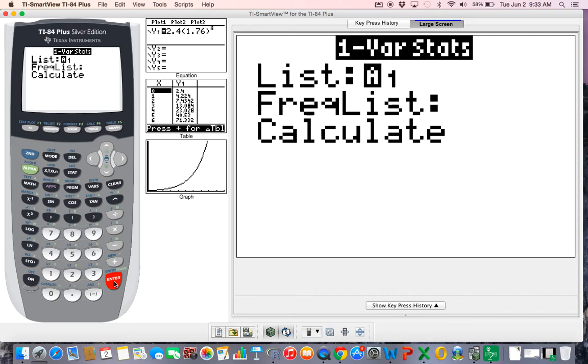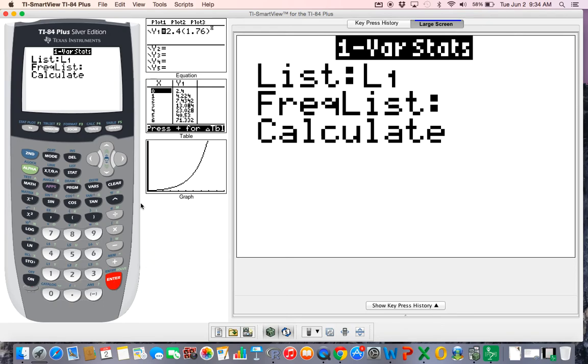I want to type these in real fast in my other calculator that I'll show you in just a second. Okay. Now, depending on the calculator you have. Now, if you have this operating system, this is what you need to listen to. If you have the other operating system where it actually put the one variable stats back in the home screen, I'm getting ready to show you what you need to do.